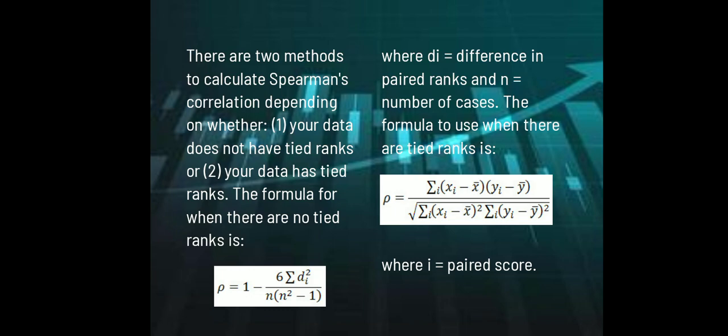The formula to use when there are tied ranks is ρ equals the summation of the quantity of paired score X_i minus X̄ times the quantity of Y_i minus Ȳ, all over the square root of the summation of paired score (X_i minus X̄) squared times the summation of paired score (Y_i minus Ȳ) squared.